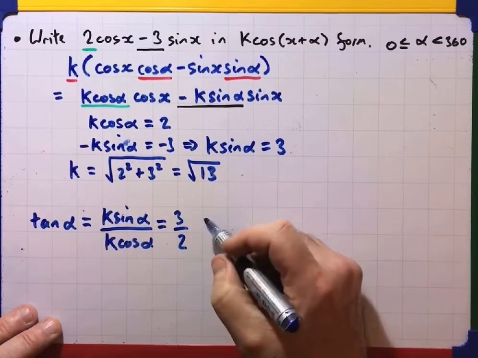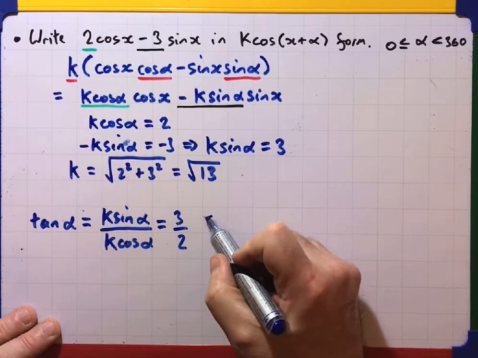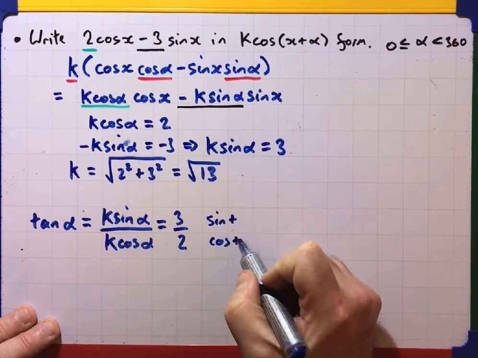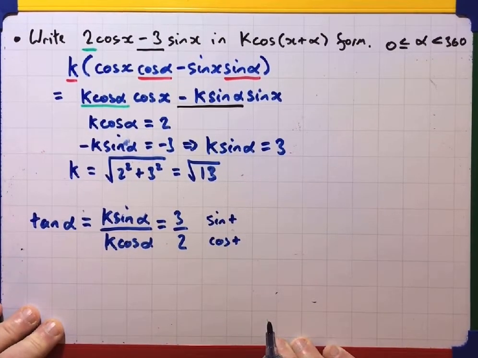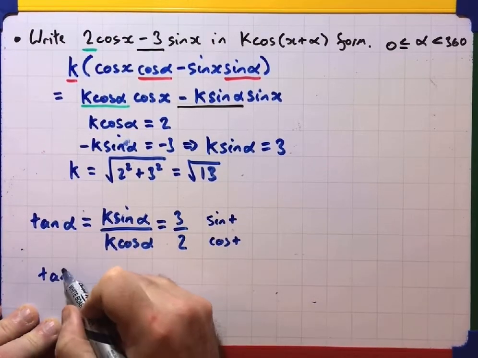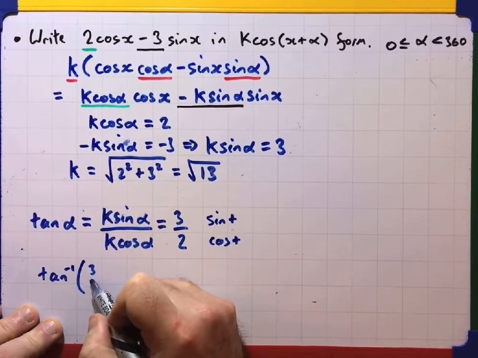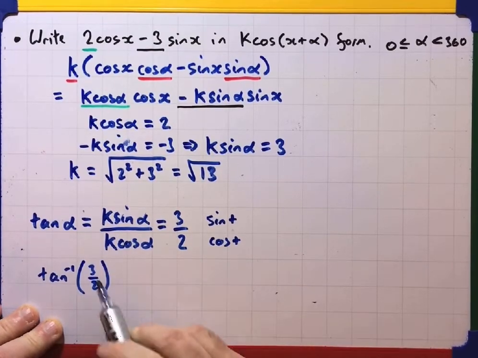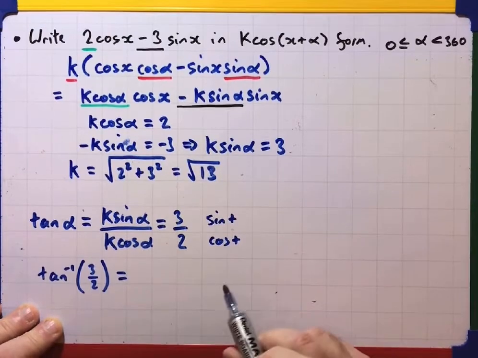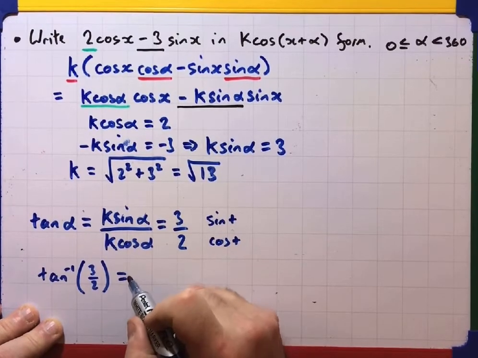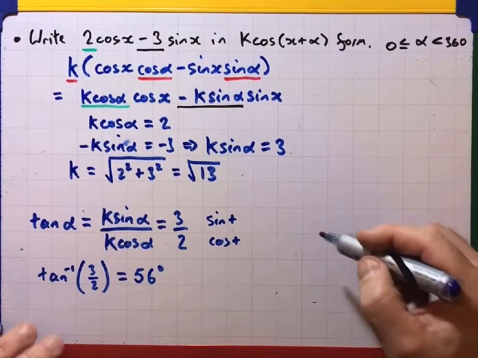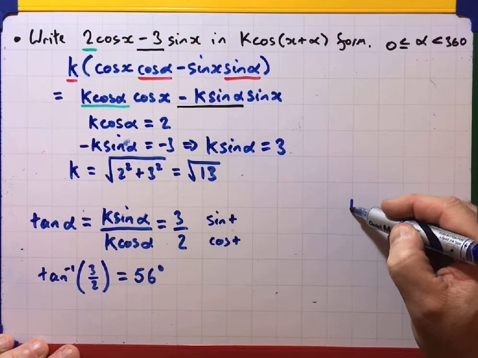But we know more than that. We also know that sine is positive and cos is positive. So first of all, I'm going to work out the inverse tan of 3 over 2. Remember, we always work out the inverse tan of the positive bit. If I work that one out, it gives me 56 degrees. Now we know, remember our CAST diagram?